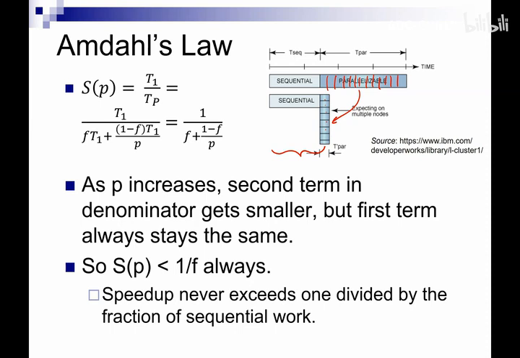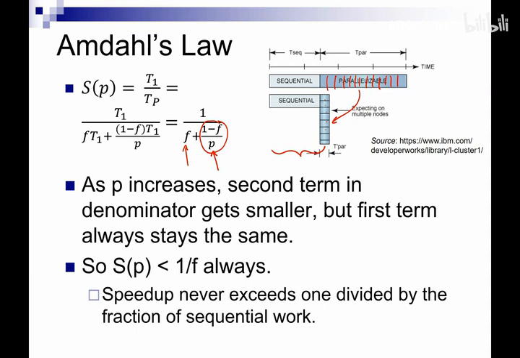Now let's look at the speed up expression. If you increase p, this term here is going to get smaller. However, no matter how small it gets, this f term is not changing.